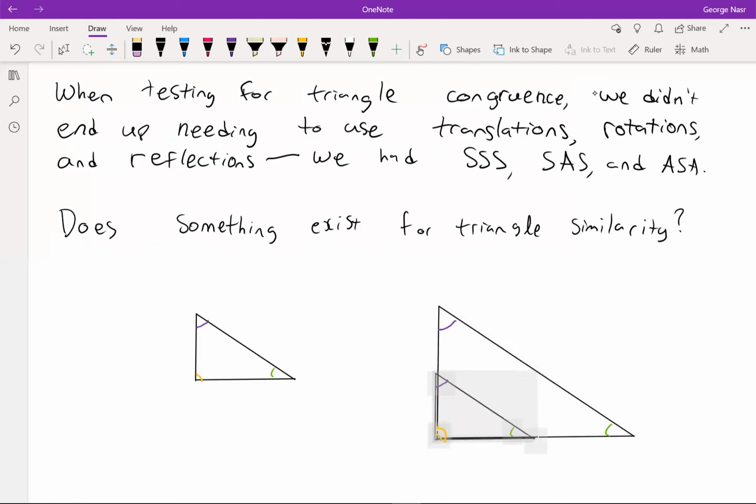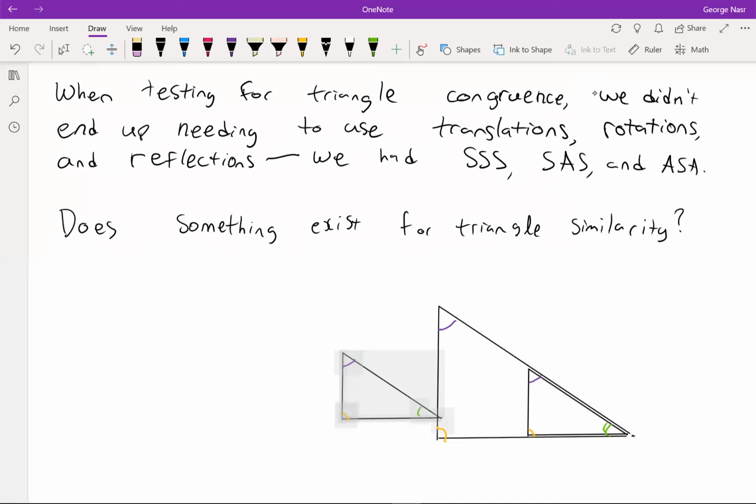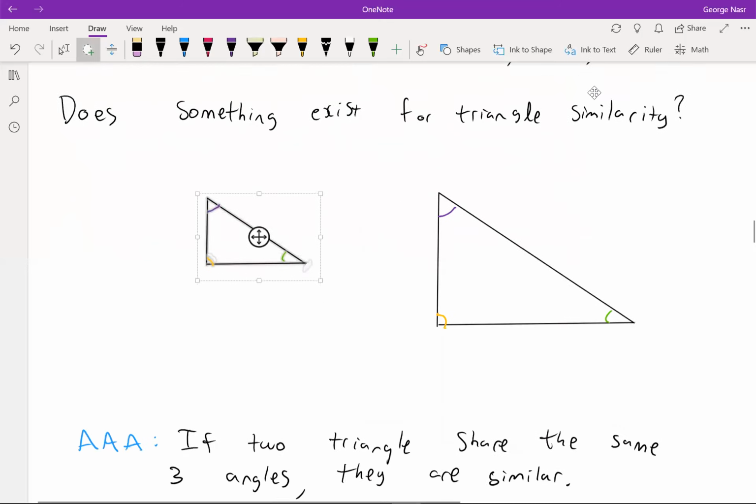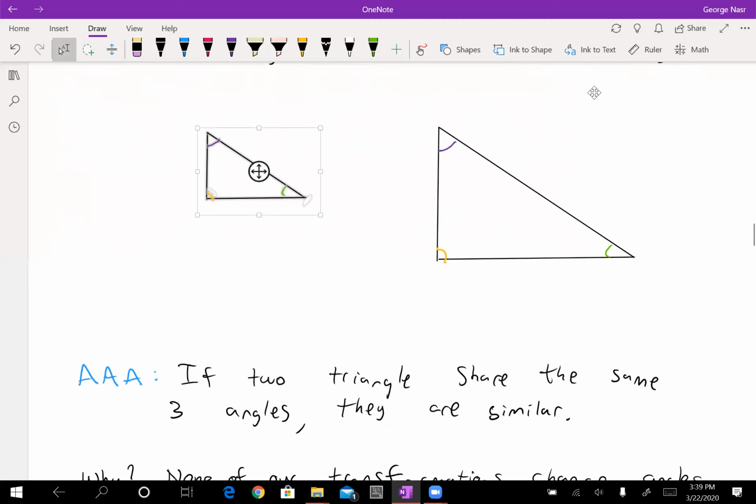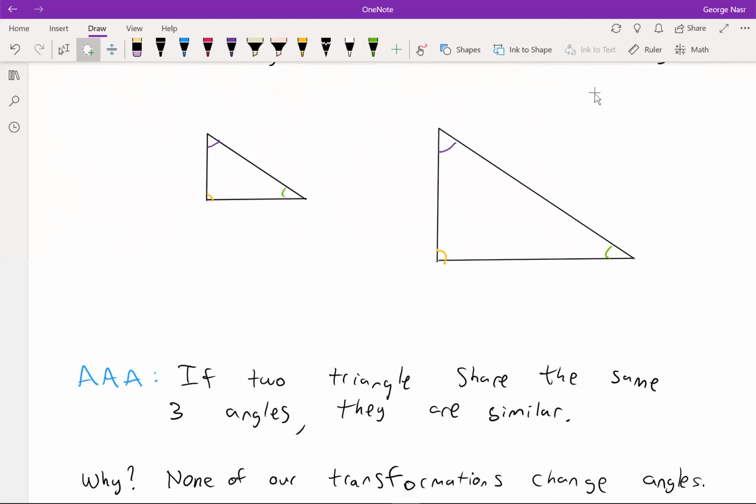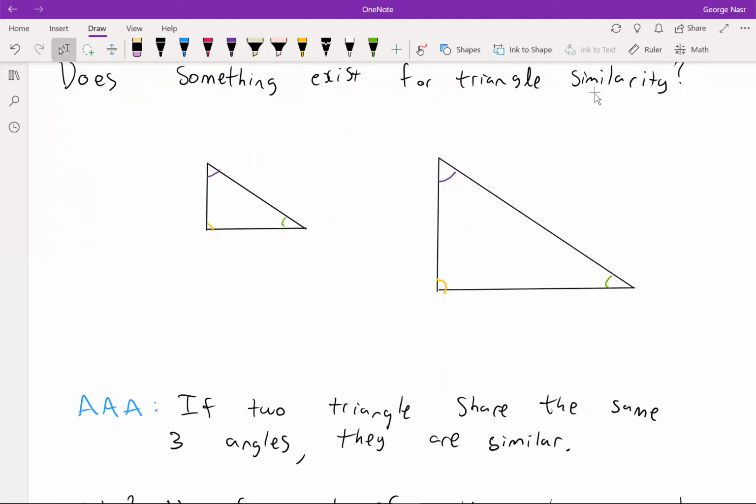And these two angles are the same. And those two angles are the same. So notice that two similar triangles have all three of the same angles. And in fact, that is enough to say that two triangles are similar. If two triangles share the same three angles, they are similar.